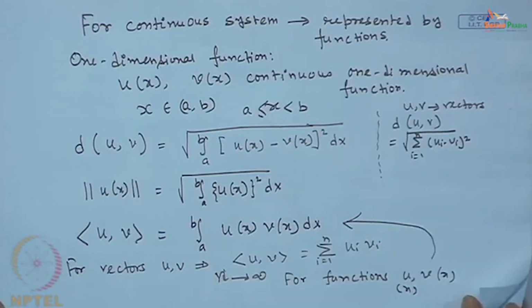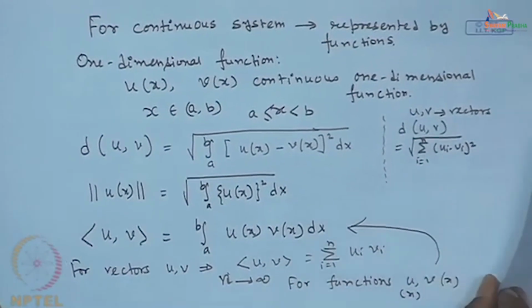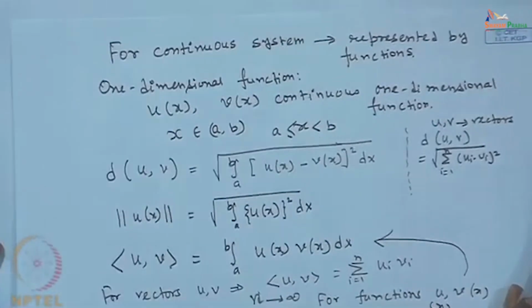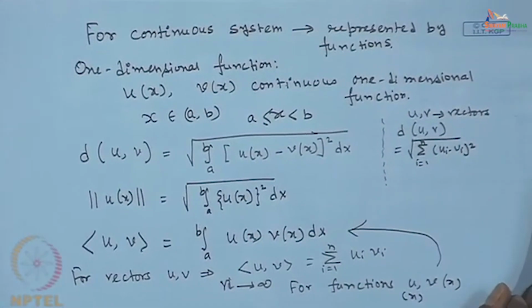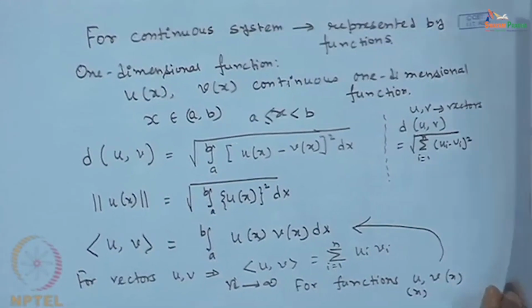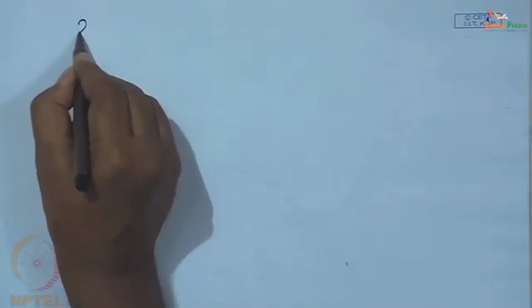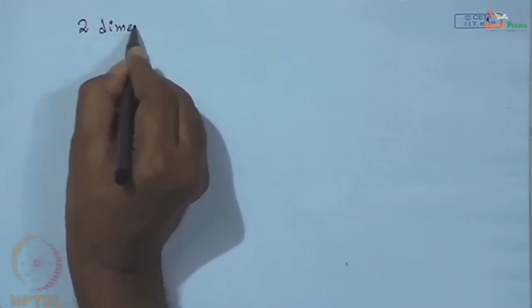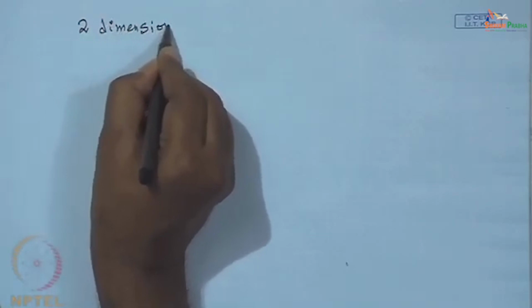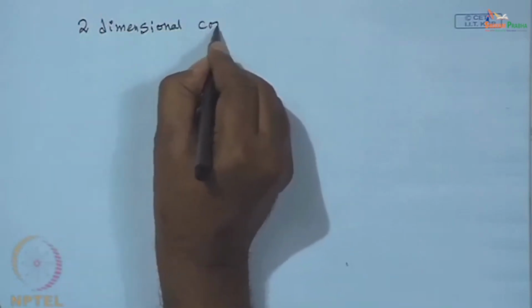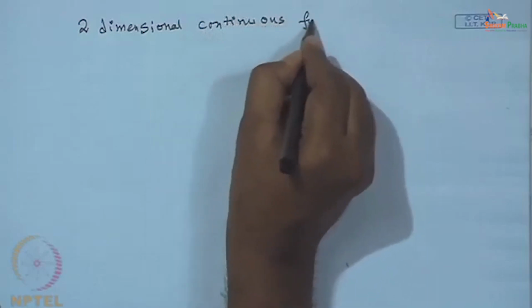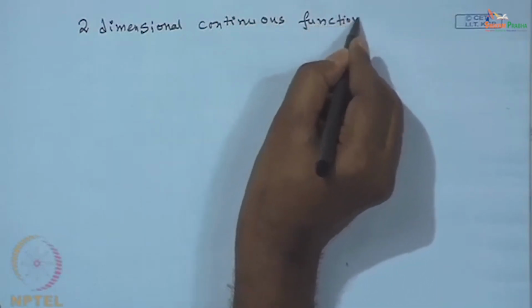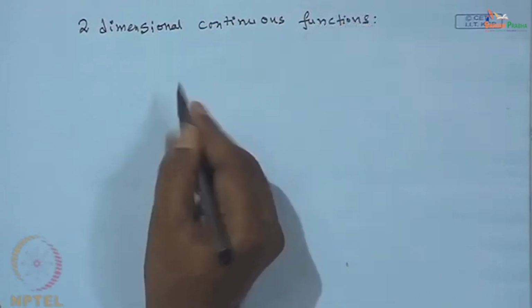So, this is the definition of the three vector space quantities, inner product, norm and the metric, if we have a continuous one dimensional function. Now, let us talk about two dimensional continuous functions.